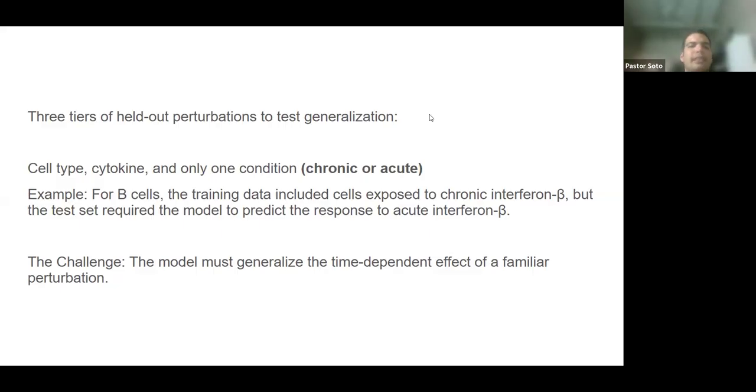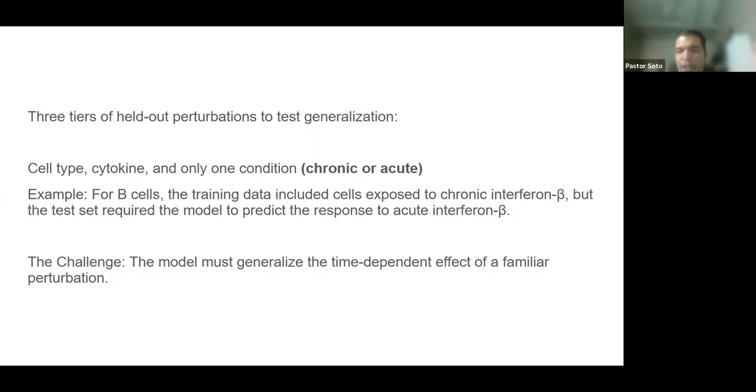The first one was cell type and cytokine with only one condition, either chronic or acute, held out on the perturbation level. As an example, for B cells, the training includes cells exposed to chronic interferon, but the test set required the model to predict the response to acute interferon beta. So the challenge was to generalize the time-dependent effect of the familiar perturbation.